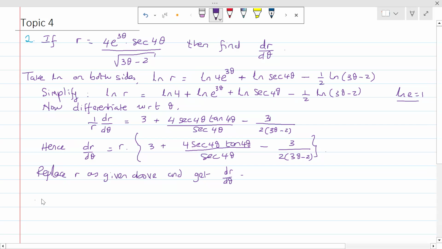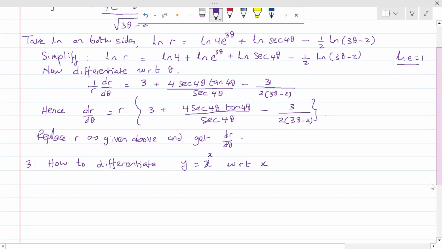Now, another example, if ever you are going to have to differentiate y equals x^x, so how to differentiate y equals x^x with respect to x?